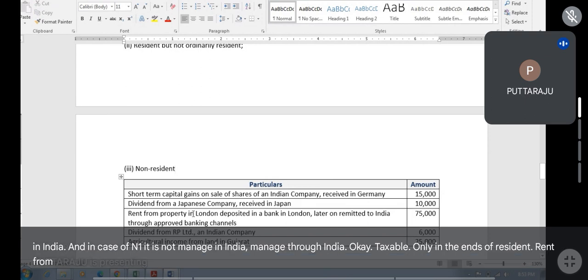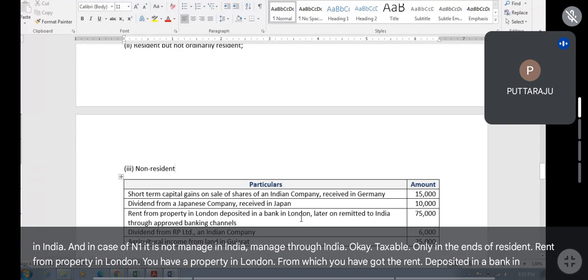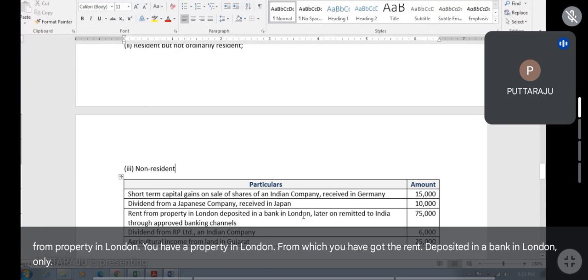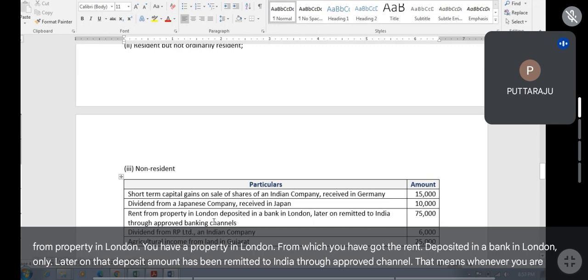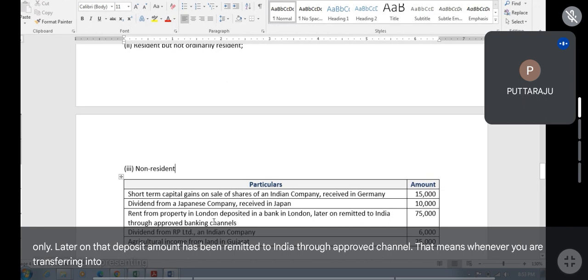Rent from property in London. You have a property in London from which you got the rent, deposited in a bank in London only. Later on, that deposit amount has been remitted to India through an approved channel, I mean through banking channels only. Whenever you transfer into India, you need the permission of the RBI, but we will not get into that.